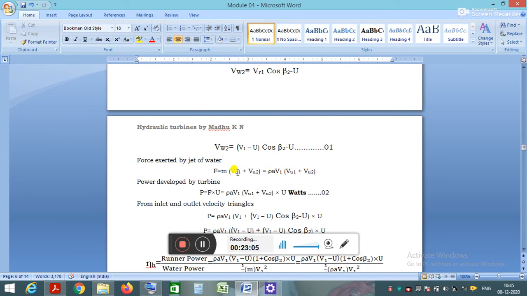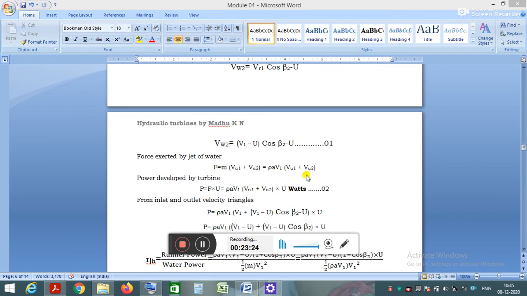Rho a V1 gives the mass of the water striking the turbine blades. Therefore, the force exerted by the jet of water can be given by rho a V1 into (Vw1 plus Vw2). Since here Vw1 and Vw2 are in opposite direction, we have taken the positive sign.